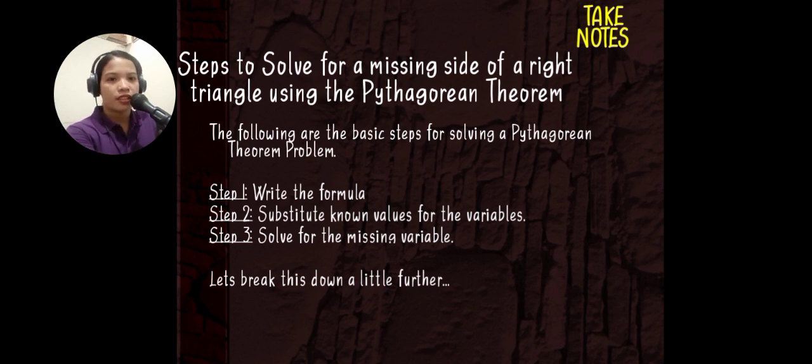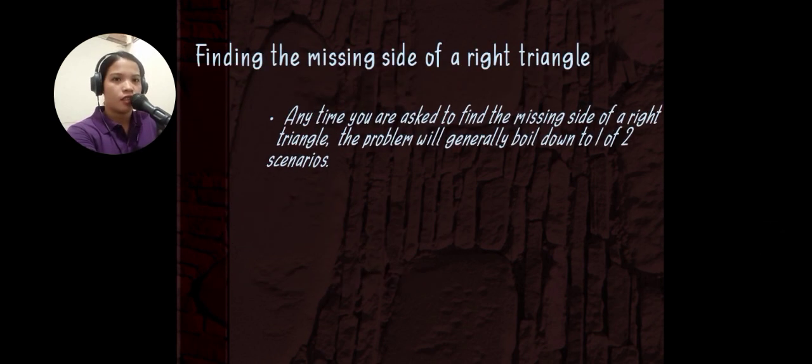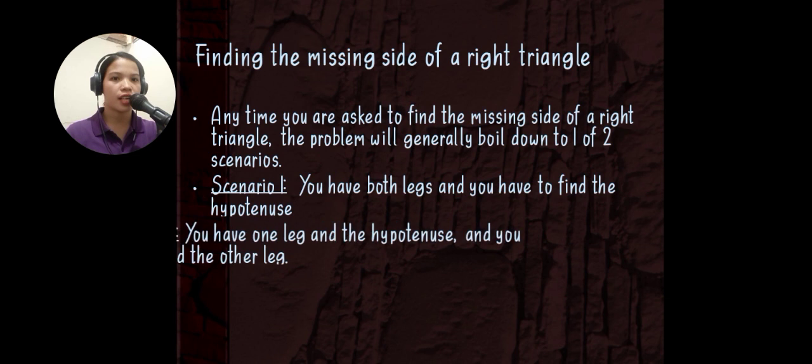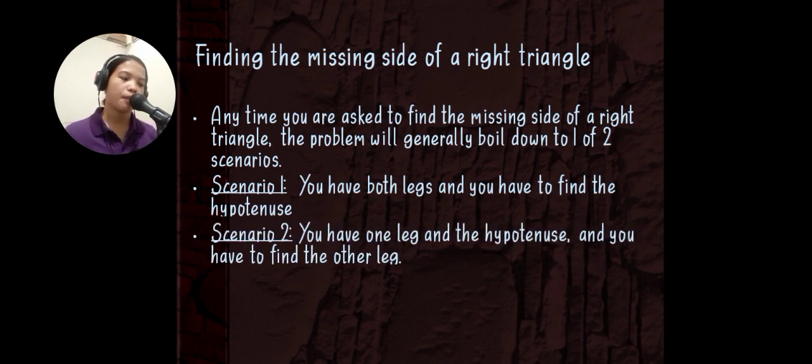Let's break this down a little further: finding the missing side of a right triangle. Anytime you are asked to find the missing side of a right triangle, the problem will generally boil down to one of 2 scenarios.